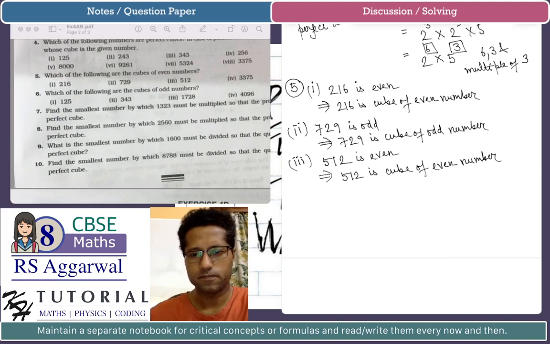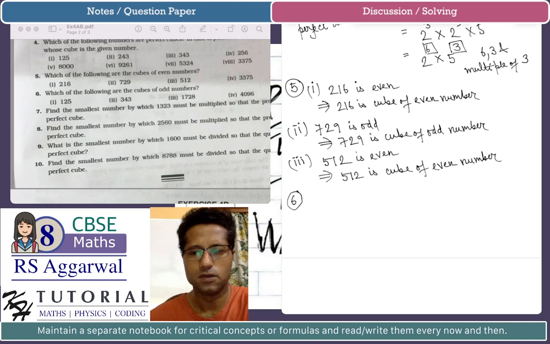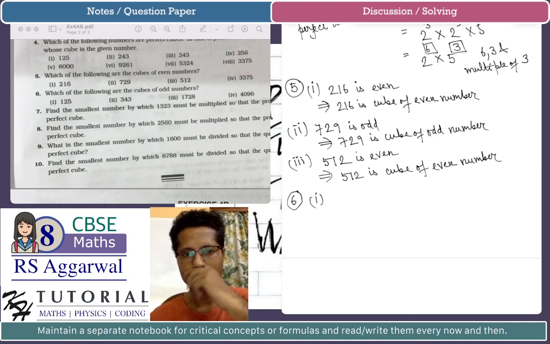So let's do problem number 6. It is now asking about the odd numbers. Which of the following are the cubes of odd numbers? So I am just writing those numbers only which are cubes of odd numbers.